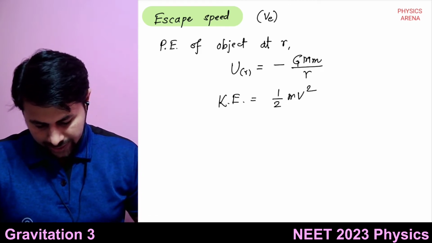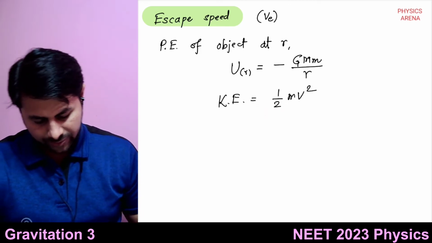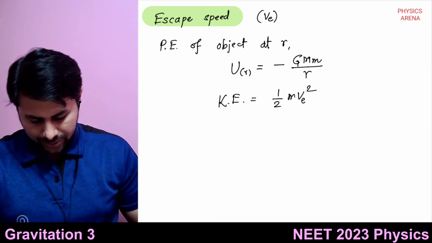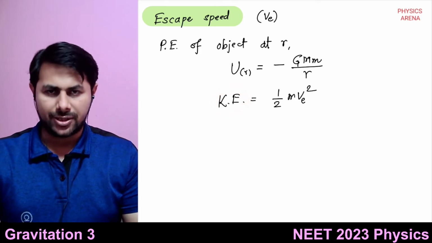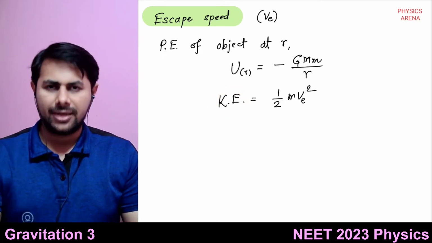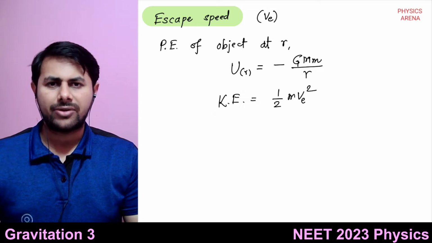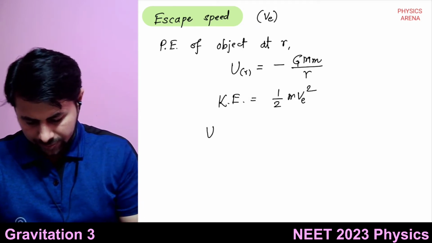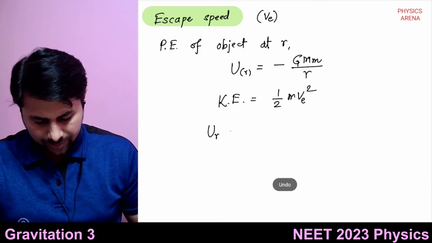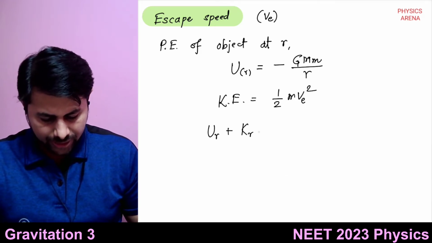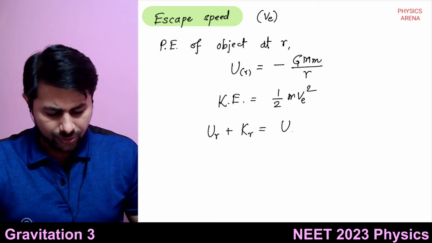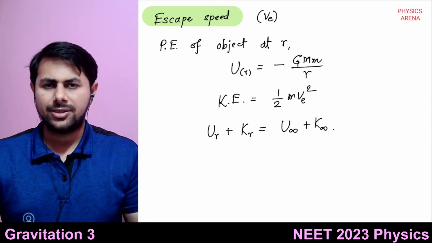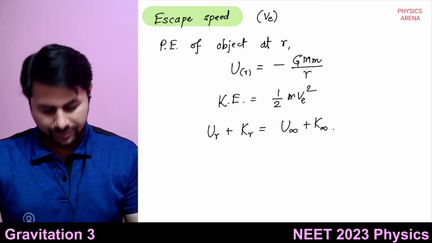Its kinetic energy is half of m v square. Suppose this kinetic energy is sufficient to make that object escape Earth's gravitational influence. Then we can write U at position r plus K at position r is equal to U at infinity plus K at infinity.